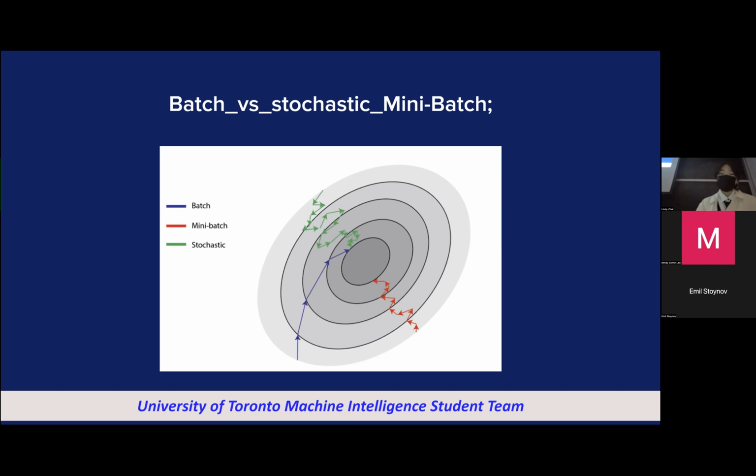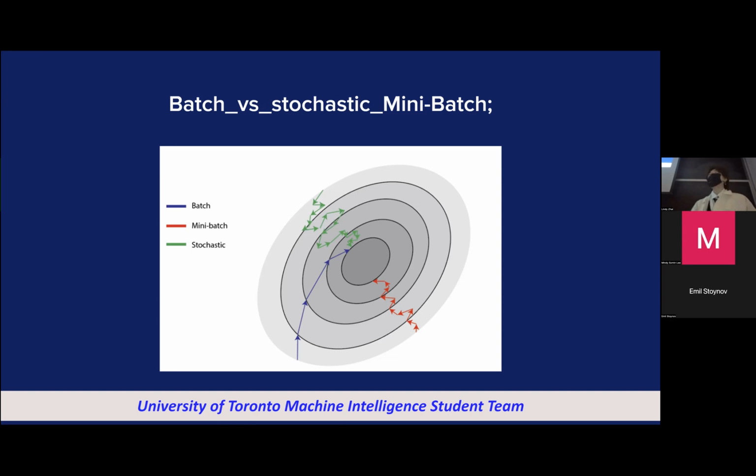By using stochastic, we take the path from one direction, and we update our model according to each point. But obviously the problem is that sometimes the data doesn't point to the exact trend, which is the global minimum, right? Sometimes it goes a little bit right, sometimes a little bit left, but eventually you get there because you update every single time.